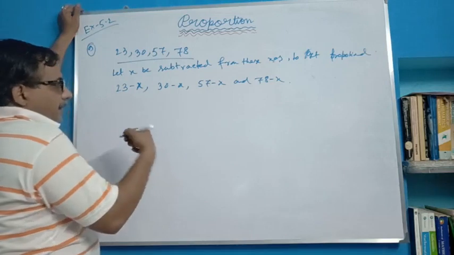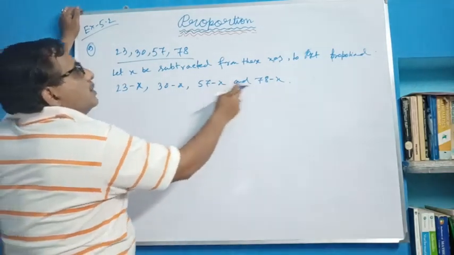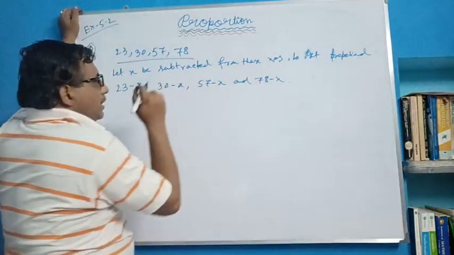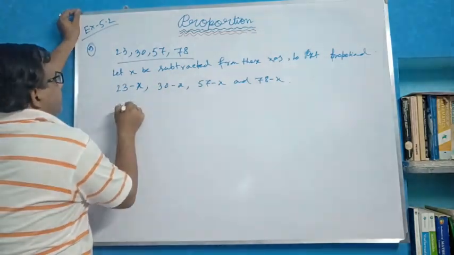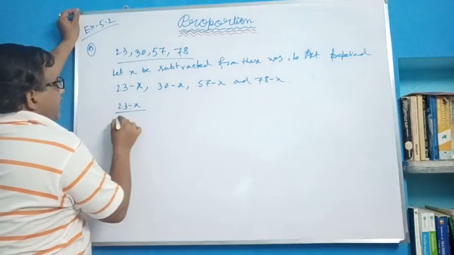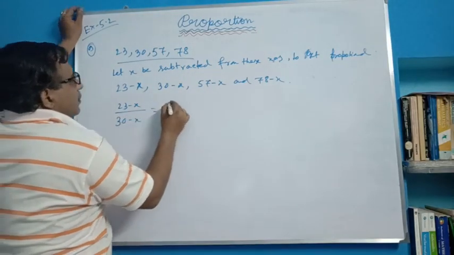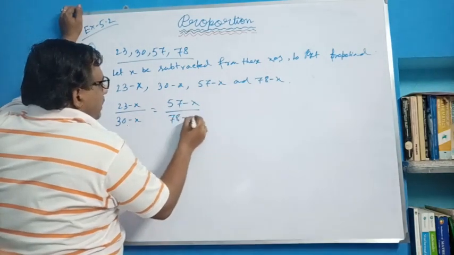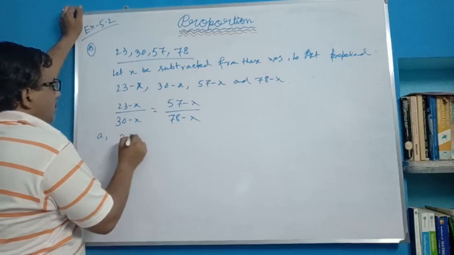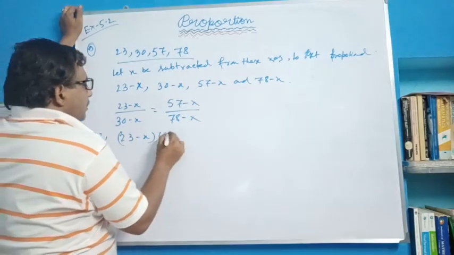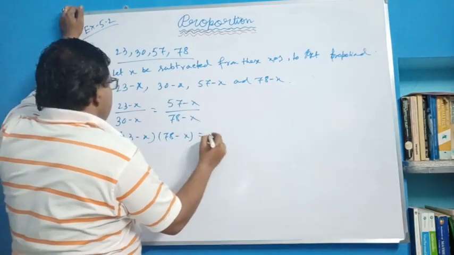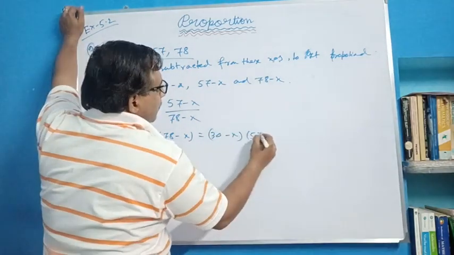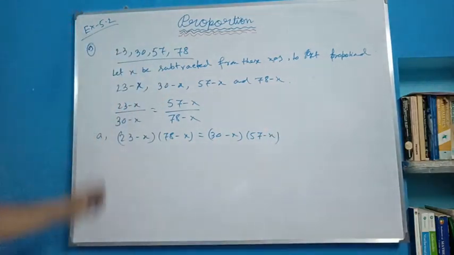That means if you use a by b is equal to c by d, or use a into d is equal to b into c. So 23 minus x by 30 minus x is equal to 57 minus x by 78 minus x, or 23 minus x into 78 minus x is equal to 30 minus x into 57 minus x.